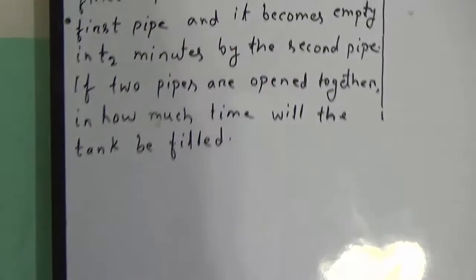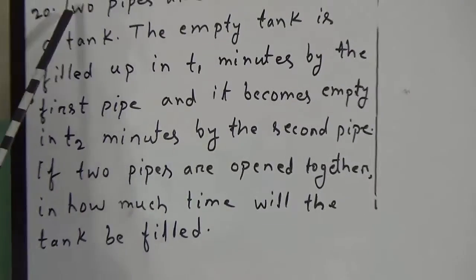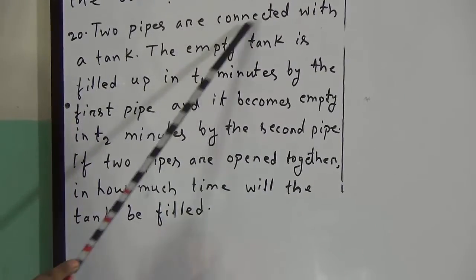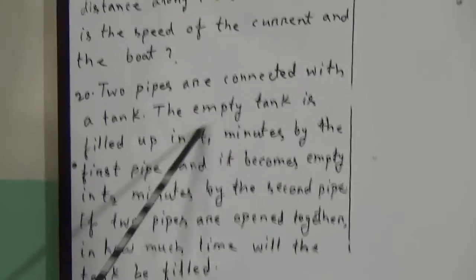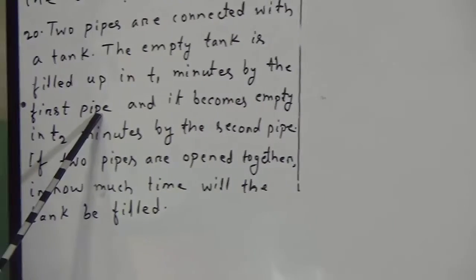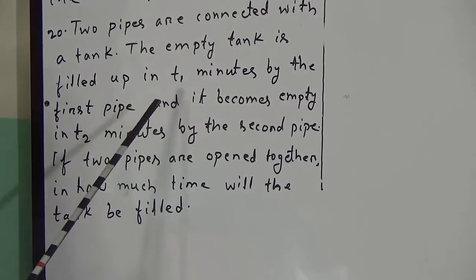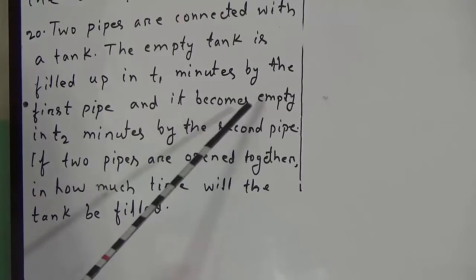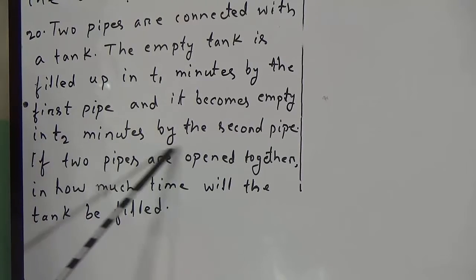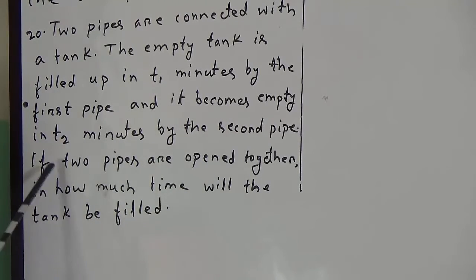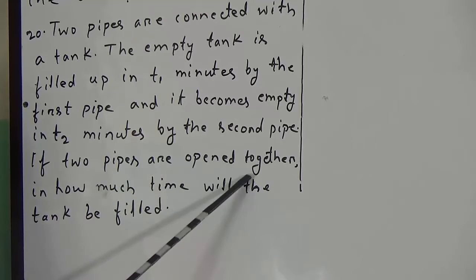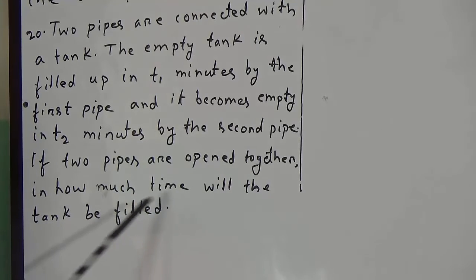Here the question is, two pipes are connected with a tank. The empty tank is filled up in T1 minutes by the first pipe, and it becomes empty in T2 minutes by the second pipe. If two pipes are opened together, in how much time will the tank be filled?